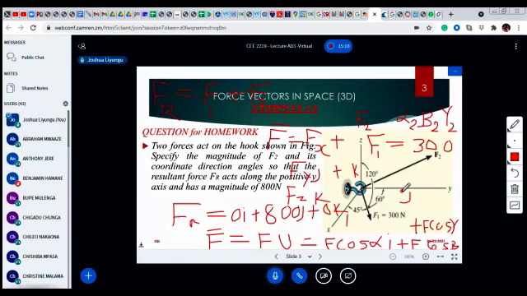Once you have your F2x, F2y, and F2z, you remember the equation for getting the magnitude.